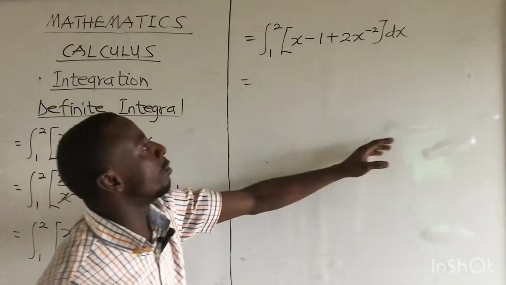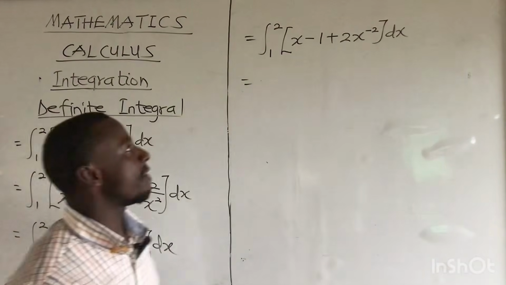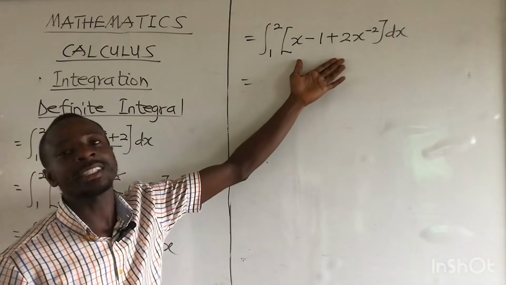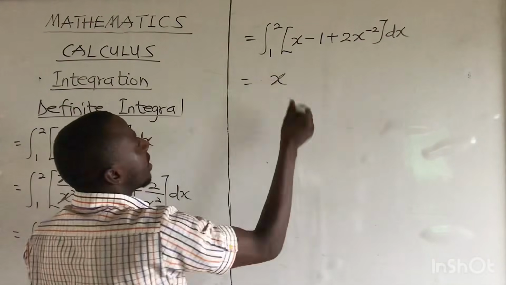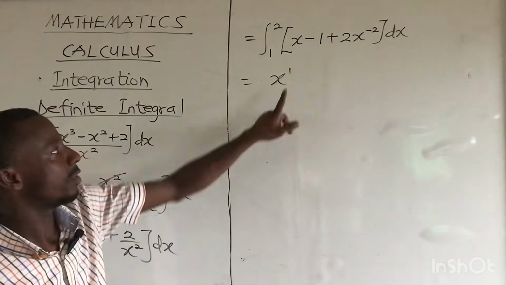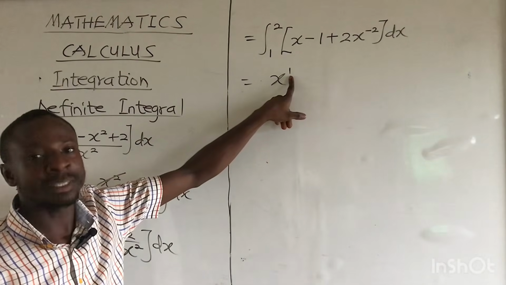Since we are able to rewrite everything like this, we can now start with the integration. When we are integrating x, as we normally do, it already has an exponent of 1.